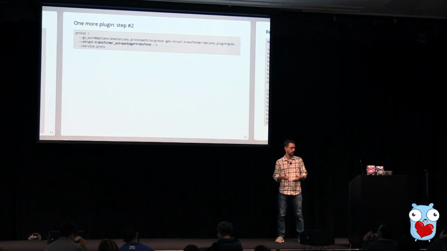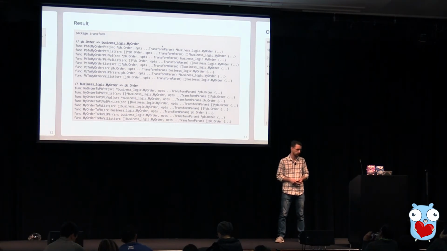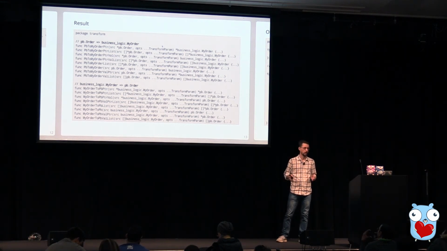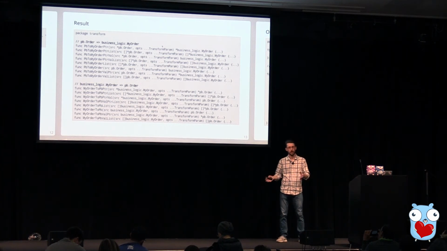Then we have to add an additional param to the protobuf compiler command Protoc to call our plugin and pass some additional params. As a result, we'll get an additional file with a set of functions which allows you to convert one struct into another in different ways.